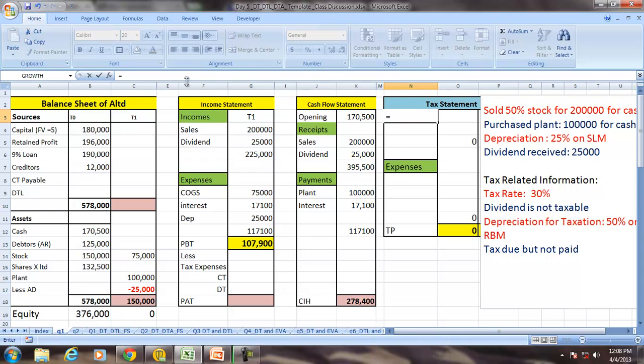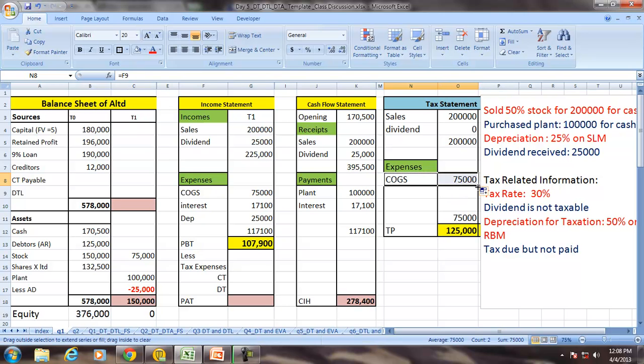So in the tax statement, the sales is the same as the accounting. Dividend is not taxable, so 0.